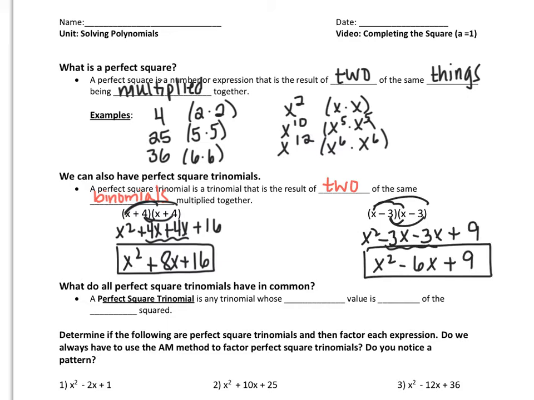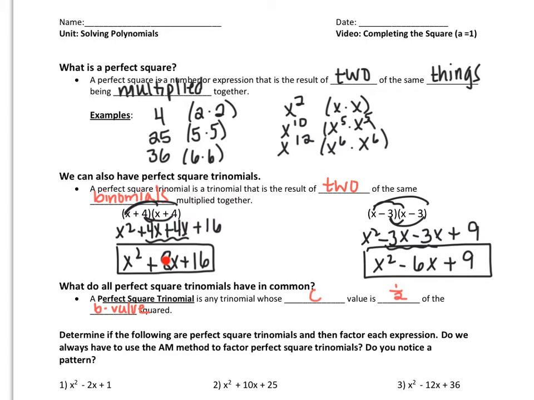All right, now we're going to try to make a connection about what all perfect squares have in common. All perfect square trinomials have something in common, such that it's a trinomial whose c value is half of the b value squared. So I know that sounds weird, but let's just look at these two perfect square trinomials that we just made.